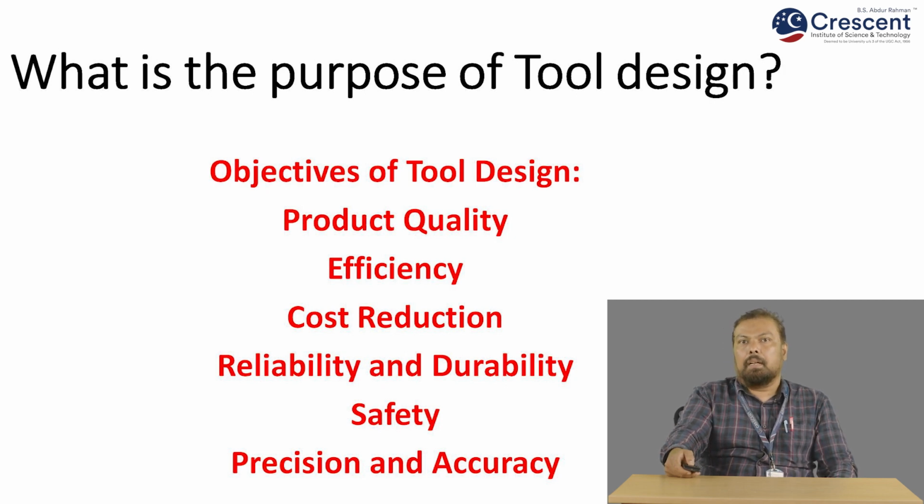Of course, prioritize the safety of operators and workers by designing tools with safety features and considering ergonomics and also the ease of use. Now, the other important thing is the precision and accuracy, which makes sure that the tools are capable of producing components with the required precision and accuracy to avoid rework and scrap, which is a very big problem for the manufacturer.